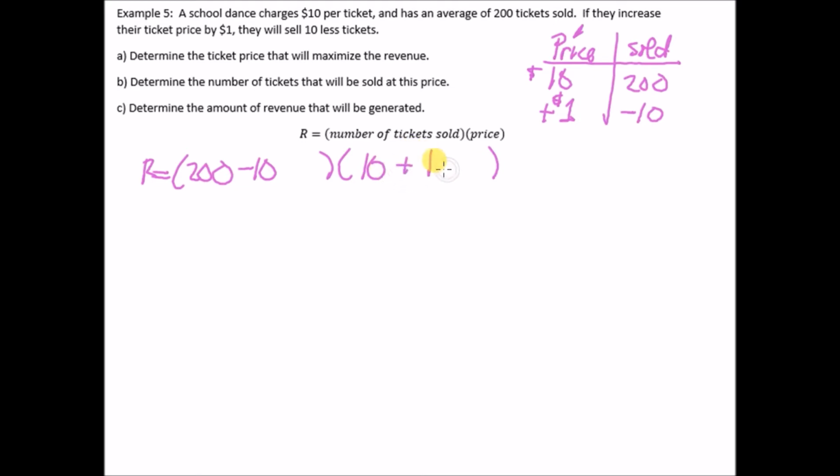So the price of $10 increases by $1 x times, and the 200 people attending decreases by 10 people, also x times. So our let statement is: x represents the number of price increases.